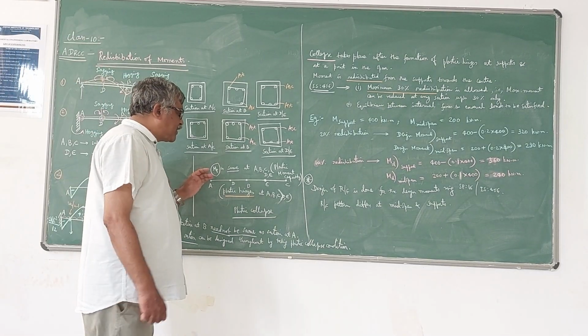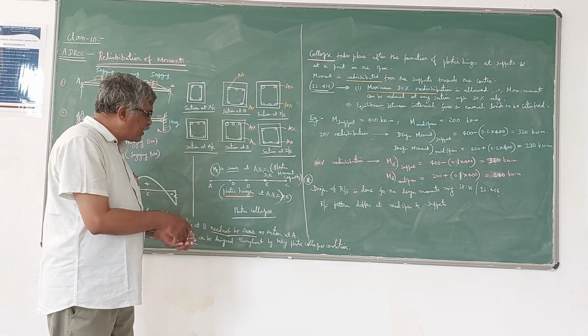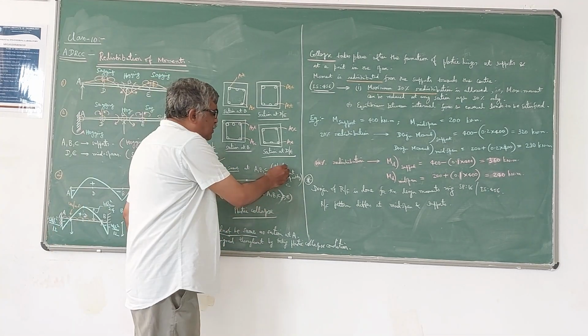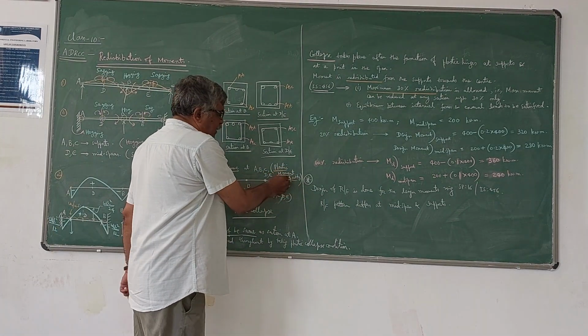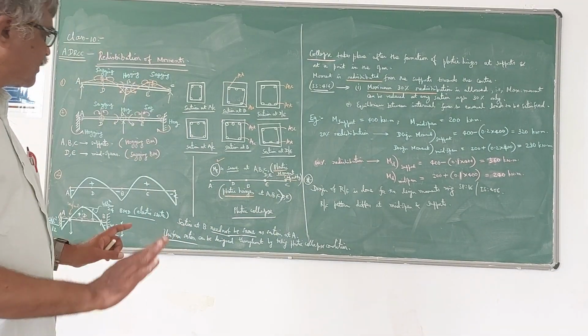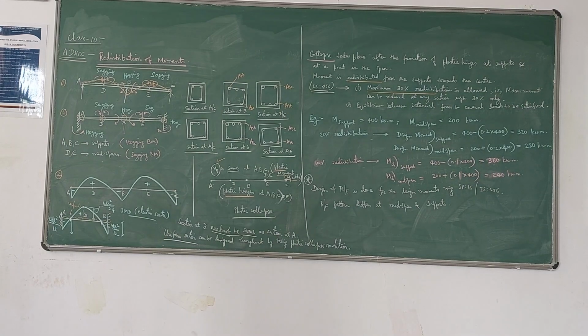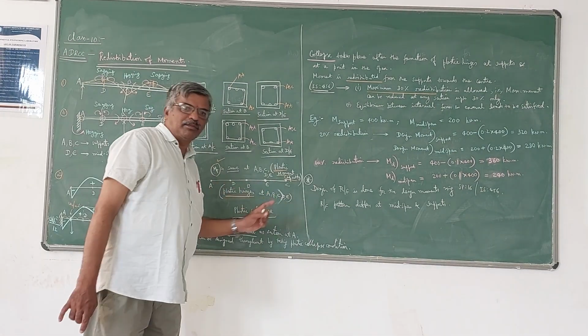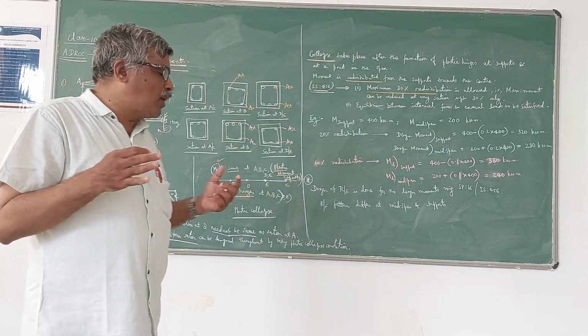That means the entire structure will be having one value of MP. That MP value is called the plastic moment capacity of the section. Once that MP value is reached, we say that it has attained the plastic state, and this MP value is uniform throughout. That means to achieve that MP value, what happens?